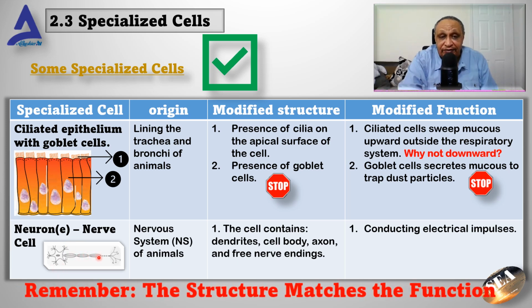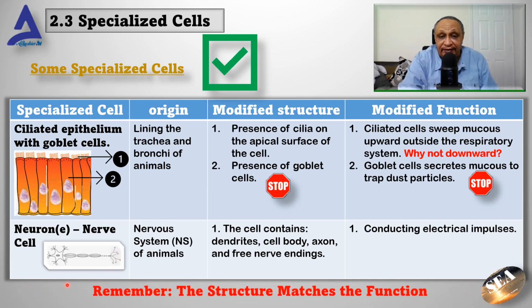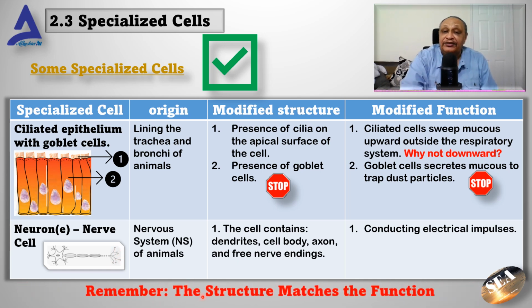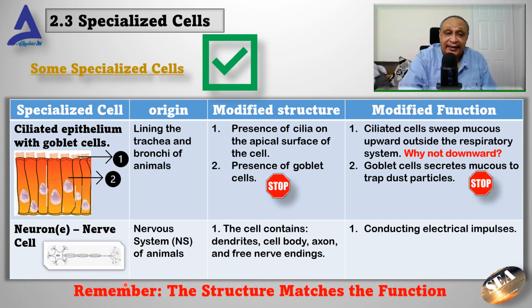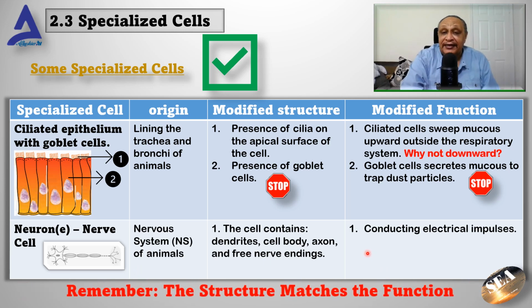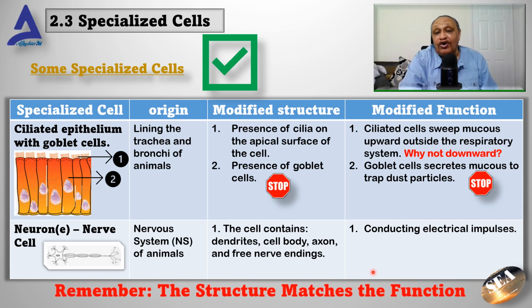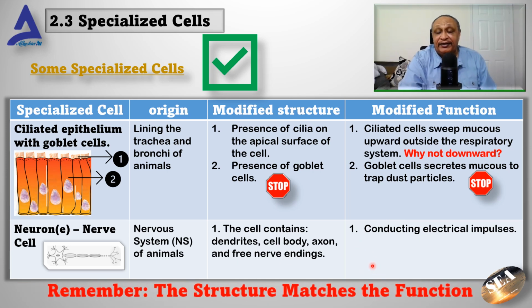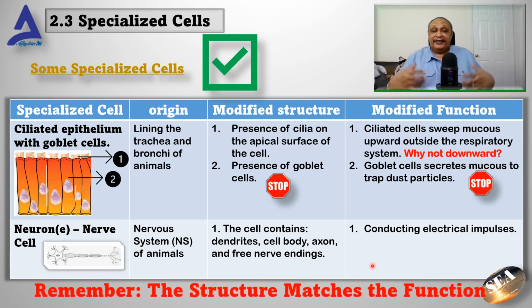This is the axon, the long one, and here are the nerve-free endings, which are important. So why is it like this, not like any other one? Because this modification is important for conducting electrical impulses, and this is why it is a specialized cell.